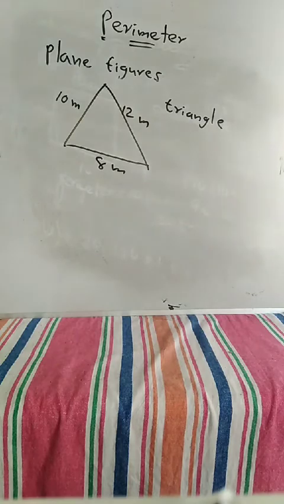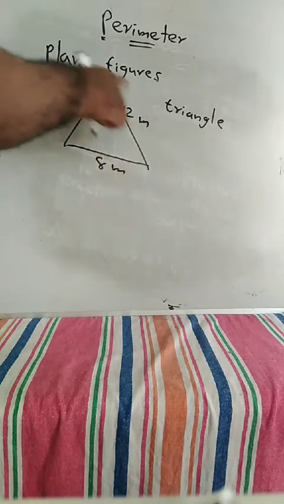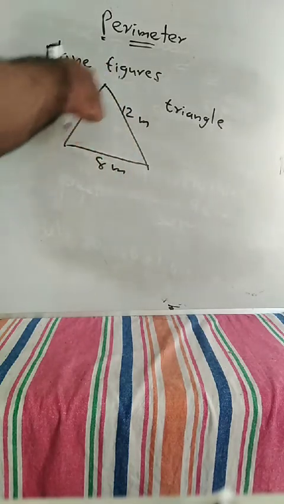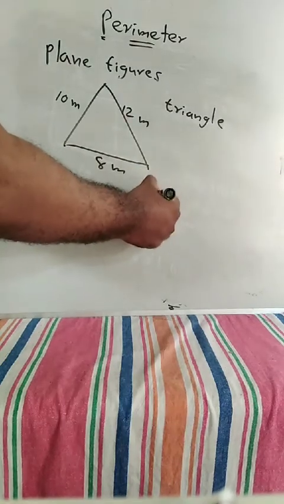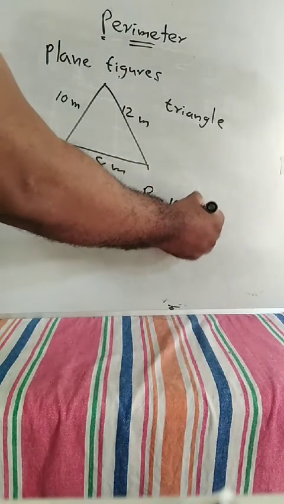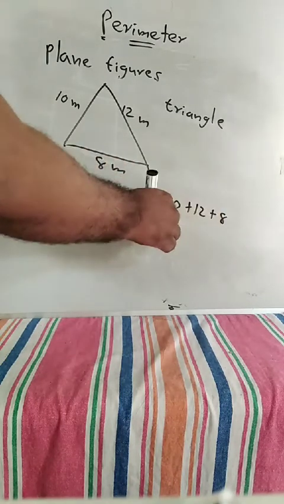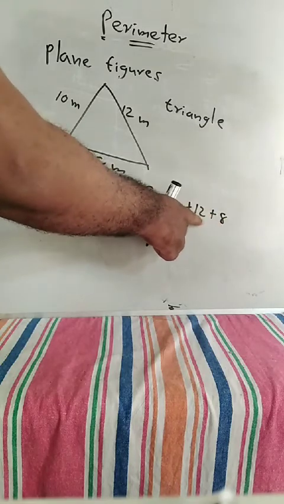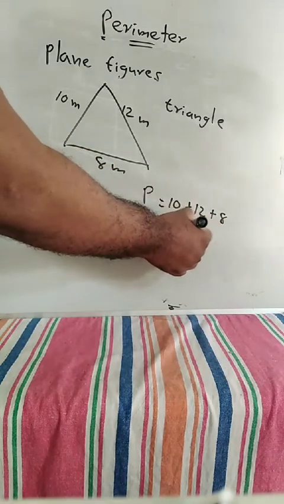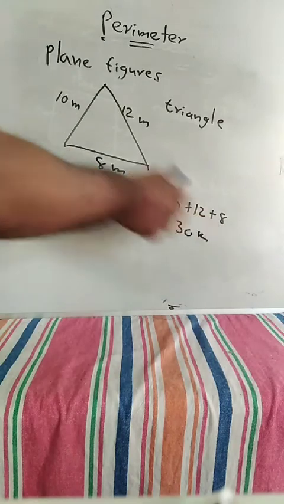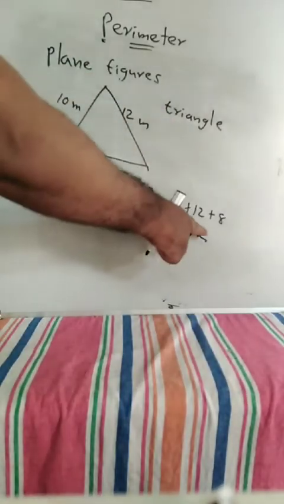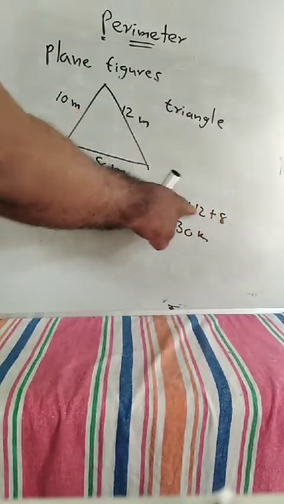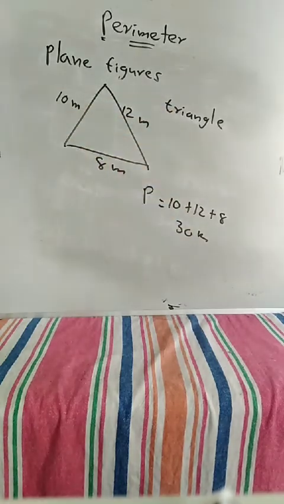What is the perimeter of this? Perimeter is the sum of all sides. The perimeter is 10 plus 12 plus 8. Don't write the direct answer. 12 plus 8 is 20, plus 10 is 30. The unit is meters. Some students wrote only the answer. Very wrong. You should write how to get this answer.